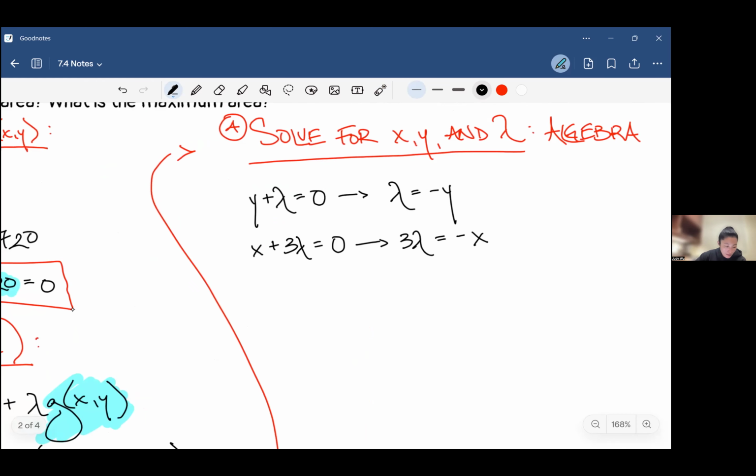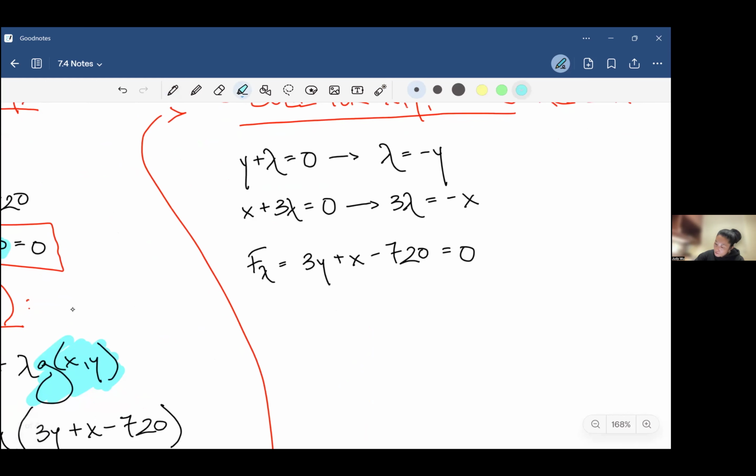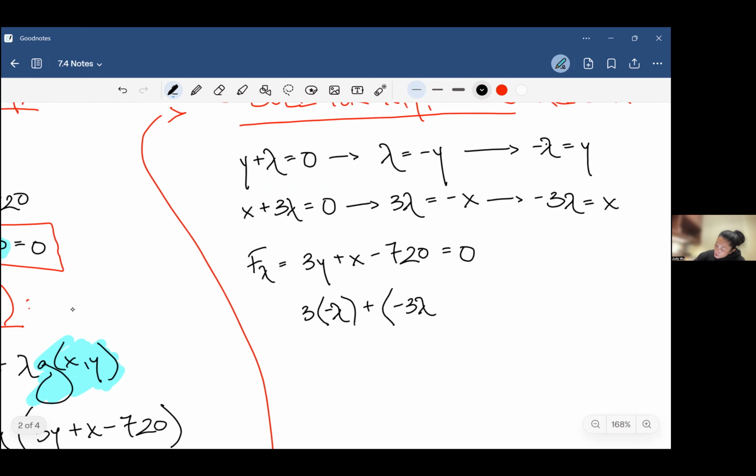All right, so my f lambda equation was 3y plus x minus 720 equals 0. And so everywhere I see an x, I'm going to put a negative 3 lambda. And everywhere I see a y, I'm going to plug in a negative lambda. Okay, so this is going to give me 3 times, instead of y, it's negative lambda, plus instead of x, it's negative 3 lambda.